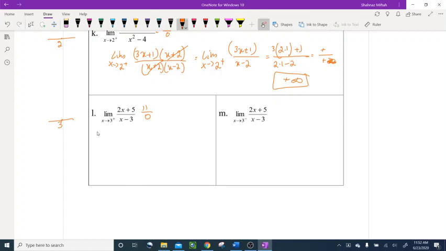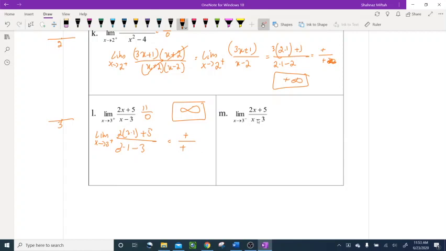So I'm going to do x approaches 3 from the right side, and I'm plugging in 3.1: 2 times 3.1 plus 5 over 3.1 minus 3. I know this one is going to give me positive, and this one is also going to give me positive. So my answer is positive infinity.